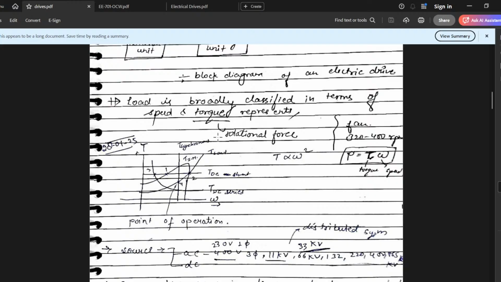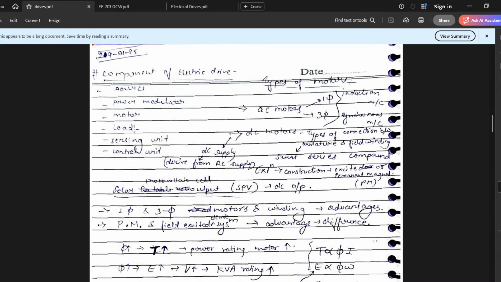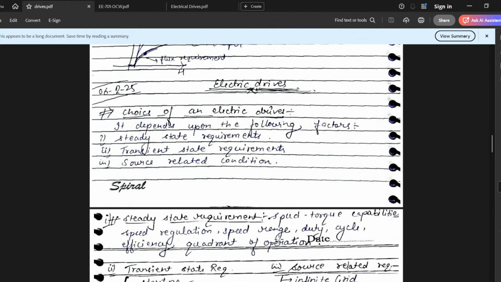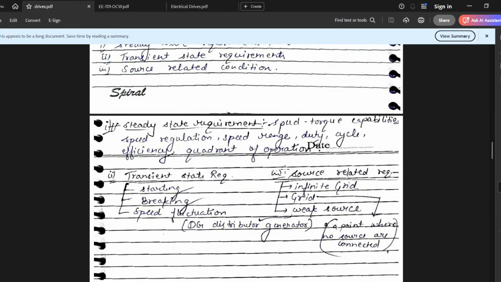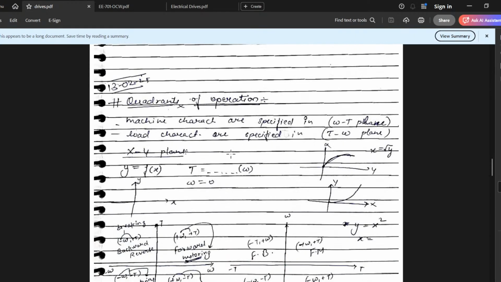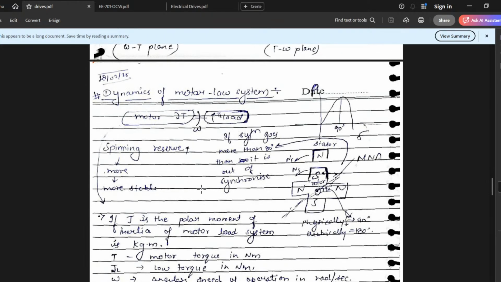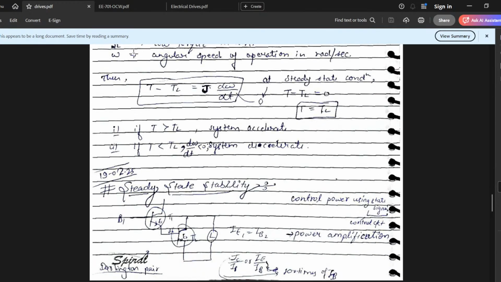So here we have the characteristics, the components, the sensing unit, source, modulator, technical terms, all these things. Quadrant of operation, here, dynamics, steady state stability.